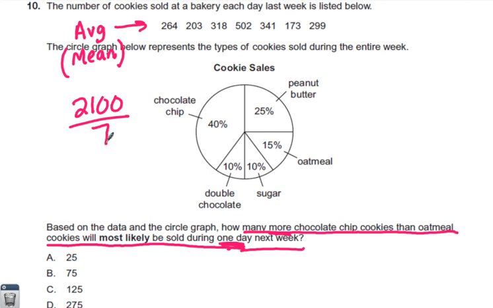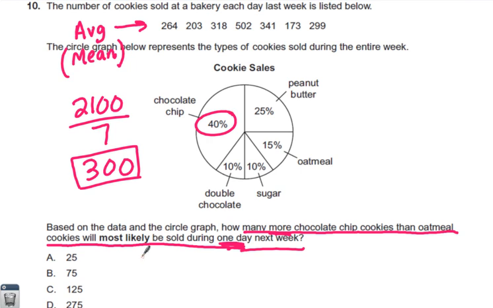So divided by 7, and so 300. 300 is a typical total amount of cookies sold in one day. And so now how many more chocolate chip cookies? Okay, so how many cookies for each day would be chocolate chip? Well, apparently 40%. So how do we calculate 40%?